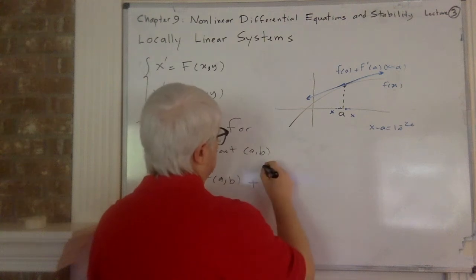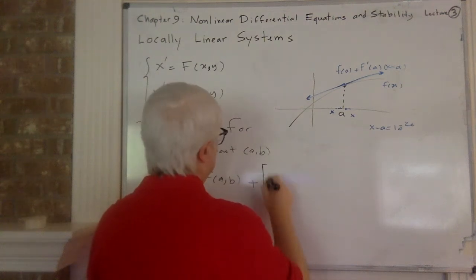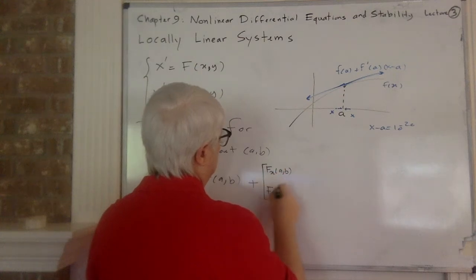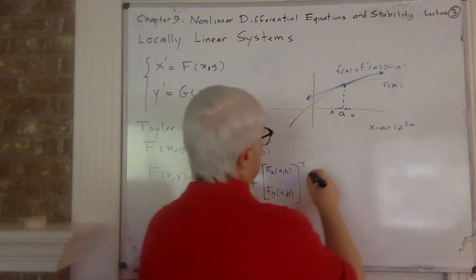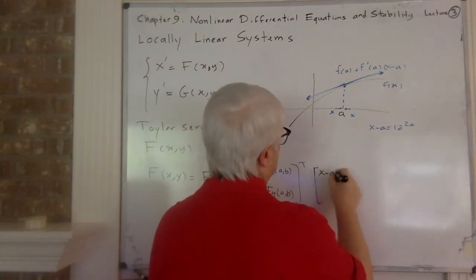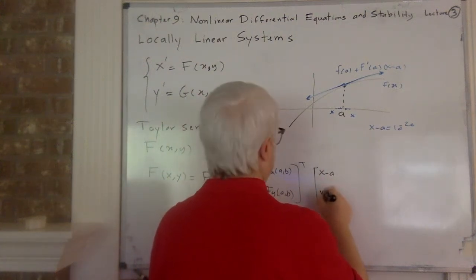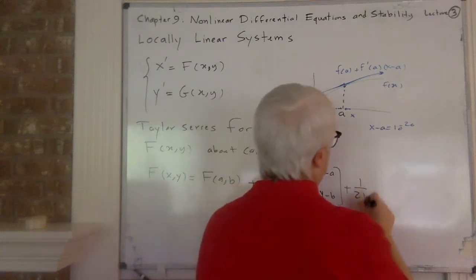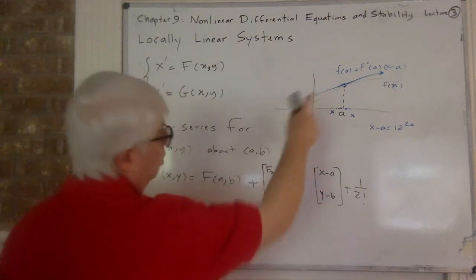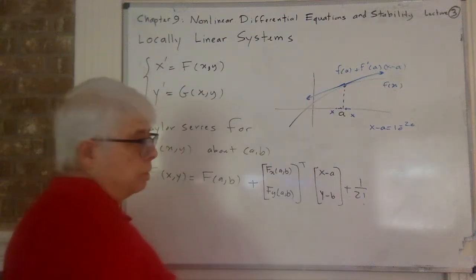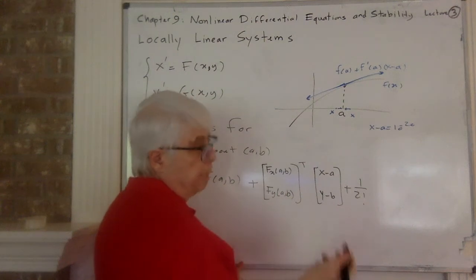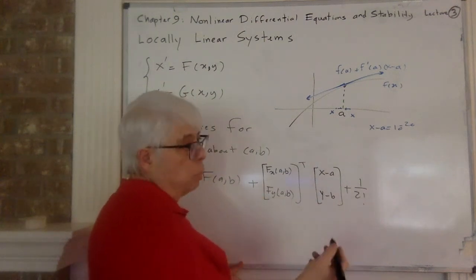Well, del f is (f_x at (a, b), f_y at (a, b)) transpose times (x minus a, y minus b), plus 1 over 2 factorial. Then I need like that one, that's f double prime. f double prime is something else. So f double prime is the matrix with f_xx, f_xy, f_yy, okay?